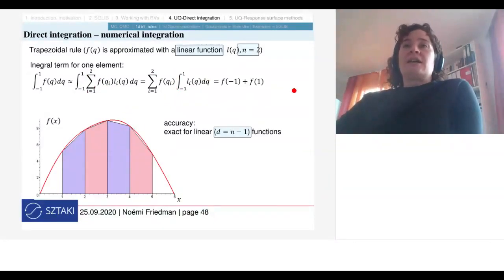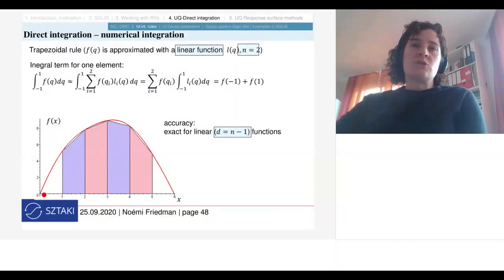So now I have an integration rule, and here I use 2 points. So over one element, I write this, let's say, going from -1 to 1. And as for the finite element method, you can always map a certain section to a coordinate system which goes from -1 to 1, and then you can use exactly the same rule.